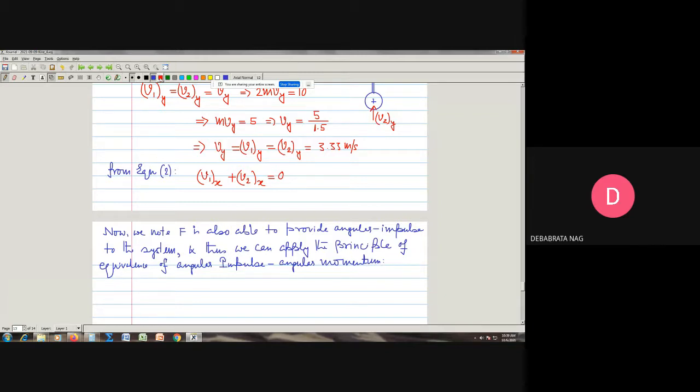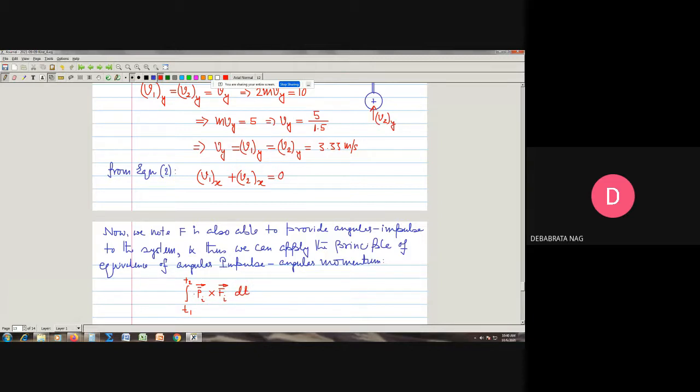I do not show it in full because we have already provided all these things. The principle of angular impulse gives us the fact that the integration from time t1 to t2 of rho bar i cross f bar i, that is the moment, dt, is giving the angular impulse.